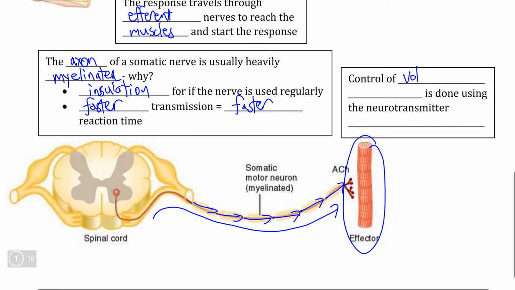Now, whenever we involve voluntary movement, we are going to involve a specific neurotransmitter. The two primary neurotransmitters in terms of regulating movement are acetylcholine and adrenaline.